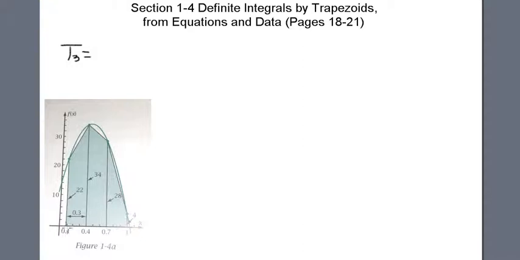Now if we notice, each of these trapezoids has the same altitude, which makes it easy. So it's going to be 0.3, our altitude, times 1/2 times, we're counting by 2, so 22 plus 34.